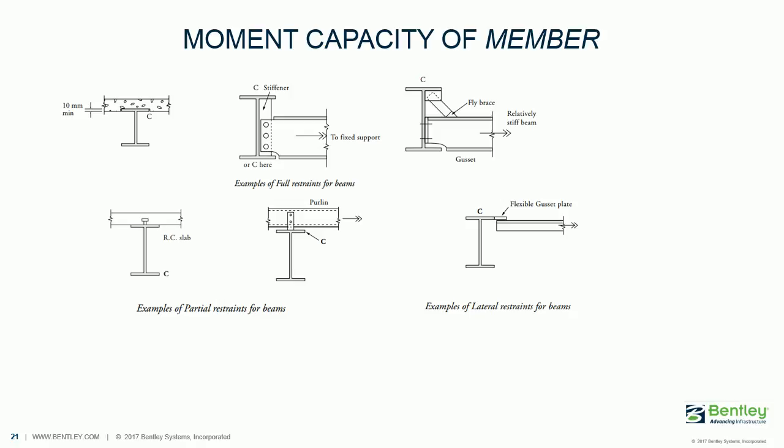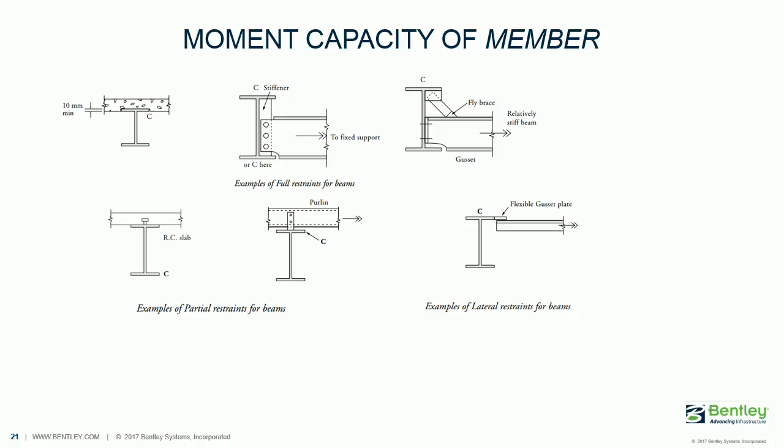The critical flange is the flange that would displace laterally or rotate further if the restraint were removed. You need to understand that if there had not been a restraint, then that flange would have buckled laterally. So that part, or that flange, we call the critical flange.